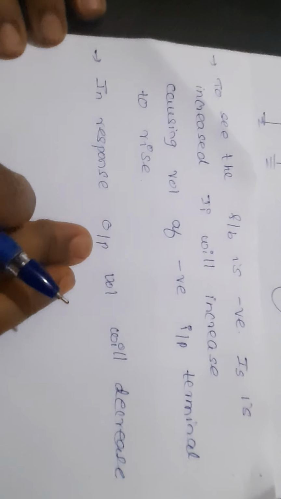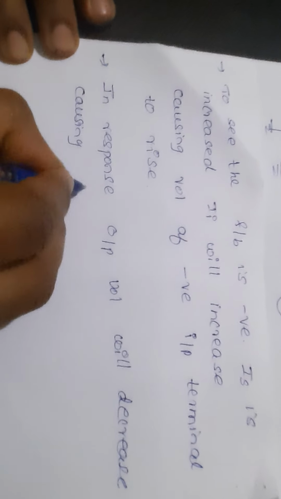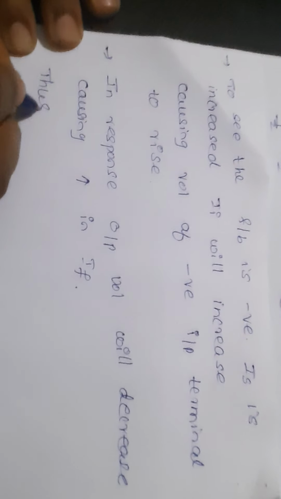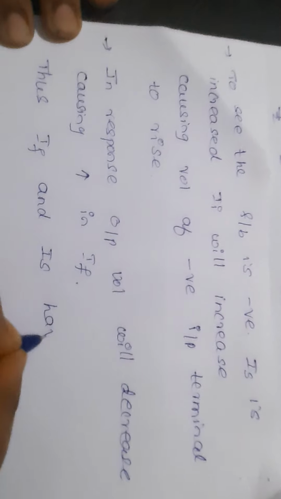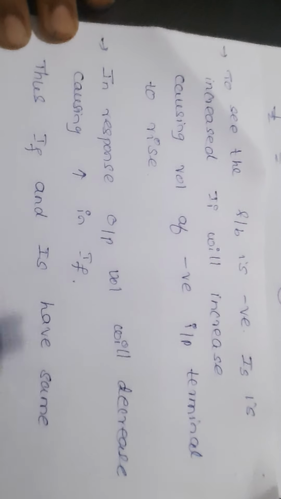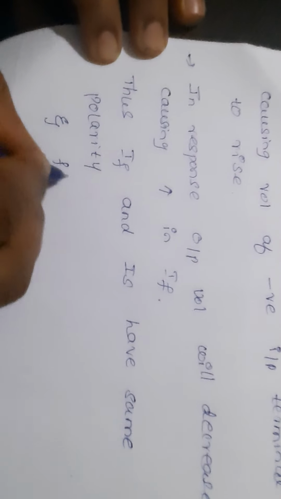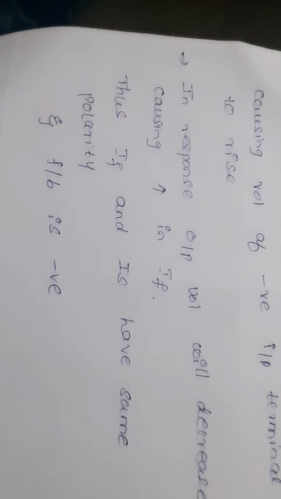So the output voltage will decrease, which is causing an increase in IF. Thus, IF and IS, they have what? Same polarity. And now the feedback is negative. This much you should write for the transresistance amplifier.